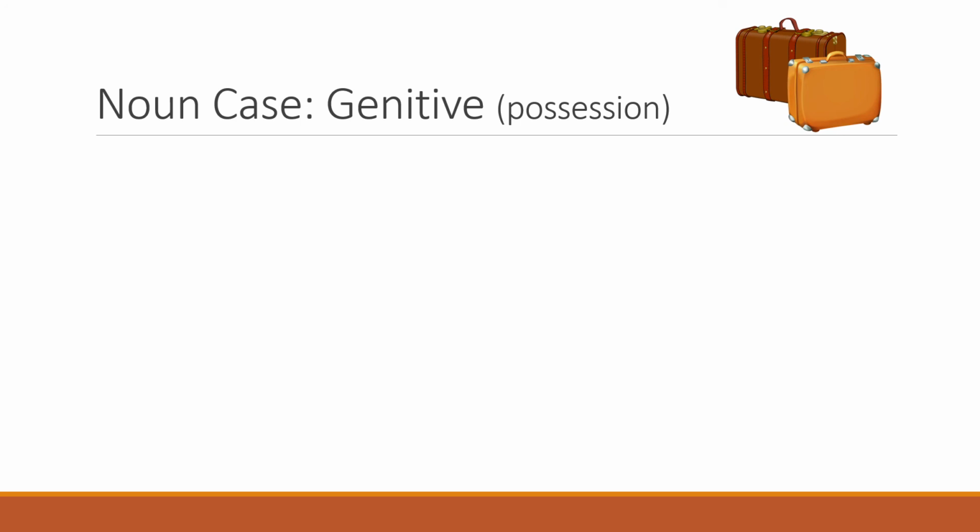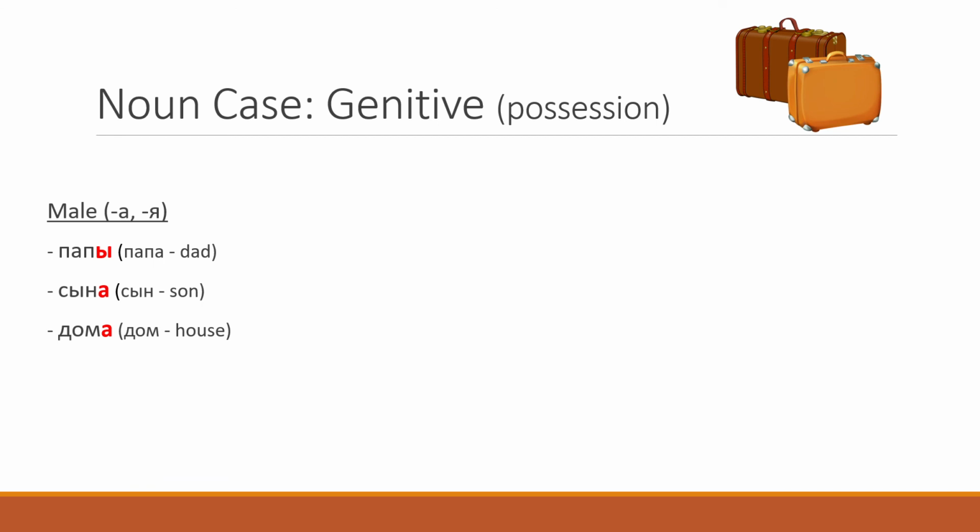So, that noun case, how do we put a noun into this case? If it's male, you're usually going to add an a, sometimes a ya. The only exception is, of course, if the noun already ends in a, in which case it gets treated like a female. So papa becomes papy. But for all the regular ones, sin becomes sina, and dom becomes doma.